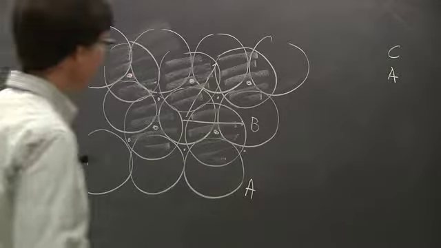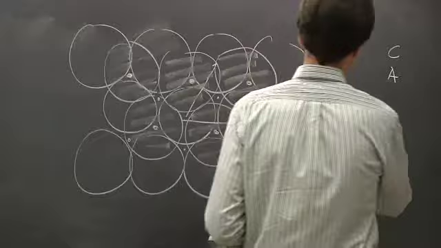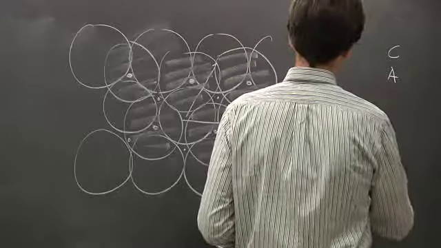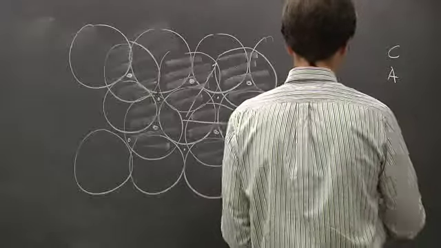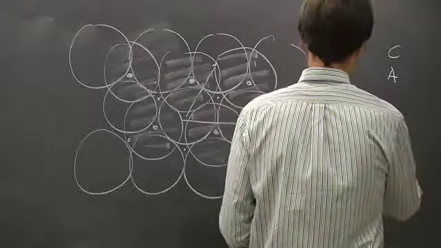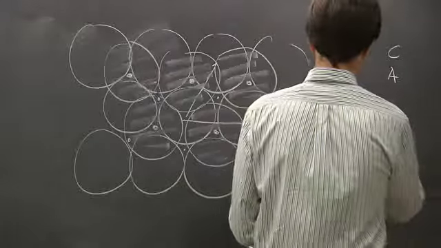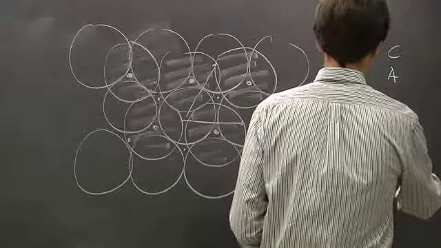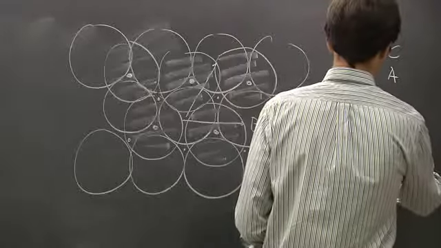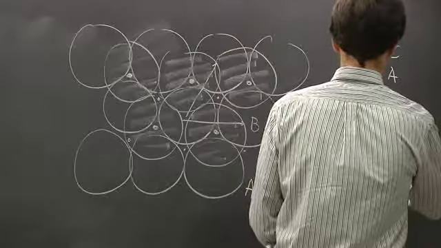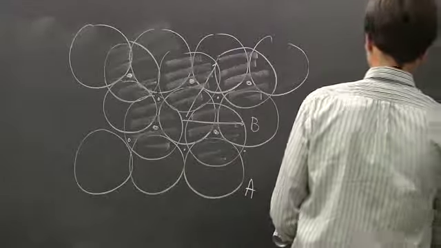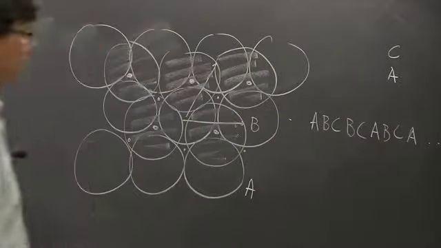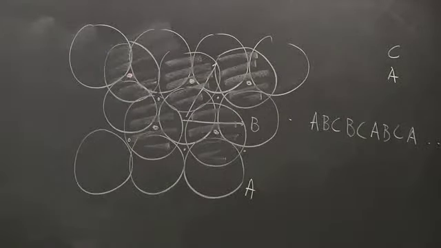That is, I can choose any arbitrary sequence of A, B, C, B, whatever I want, as long as every time I change my color, it is going to give me a very efficient packing of spheres.